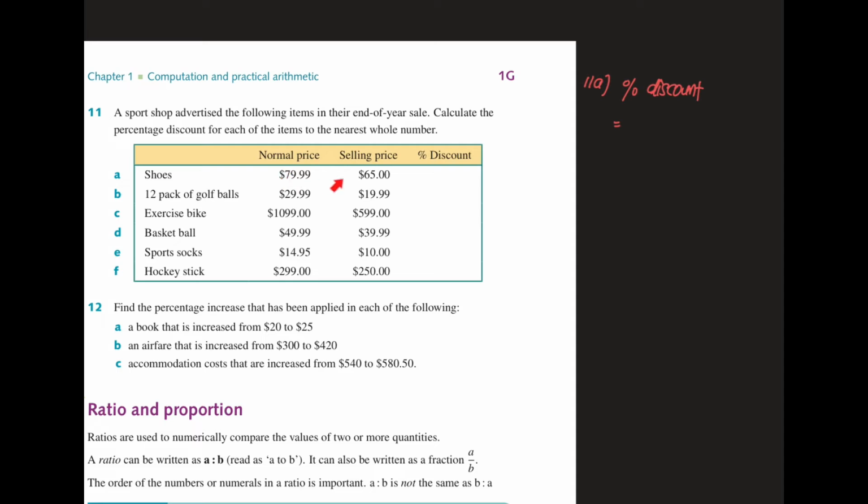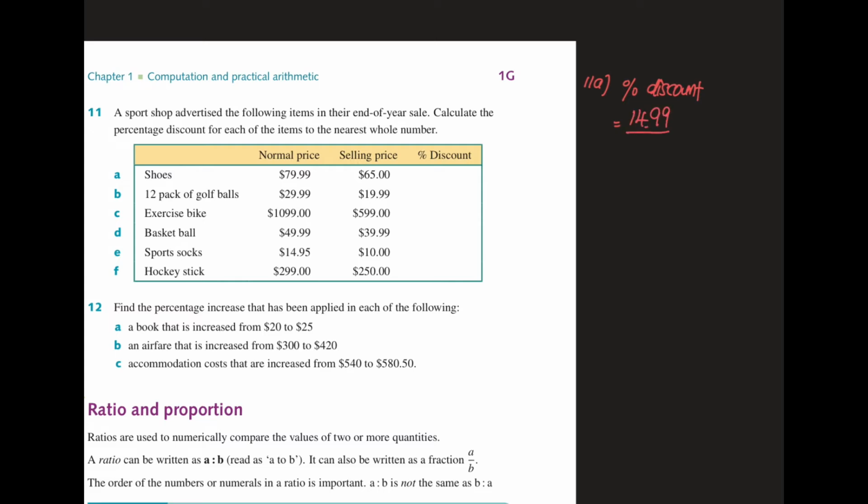Equal to, first we find the discount, which means the difference in price. So you minus these two. Let's check with calculator. 79.99 minus 65, 14.99.